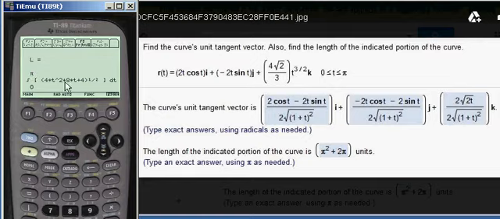So here's what we're still completing. And of course the integral then is 2 plus 1 times the absolute of t plus 1, okay?